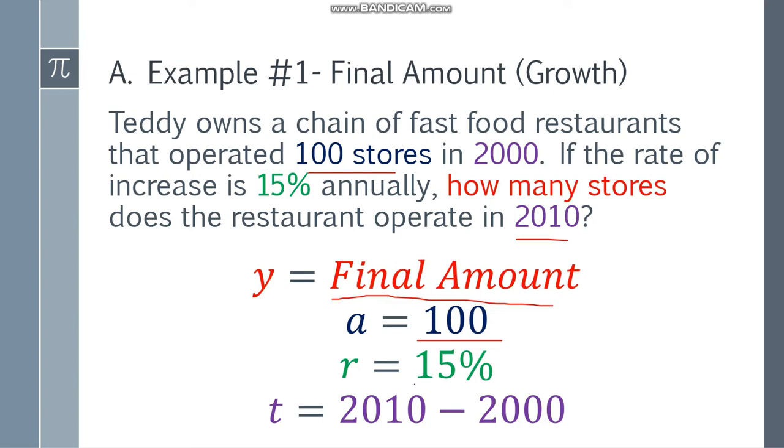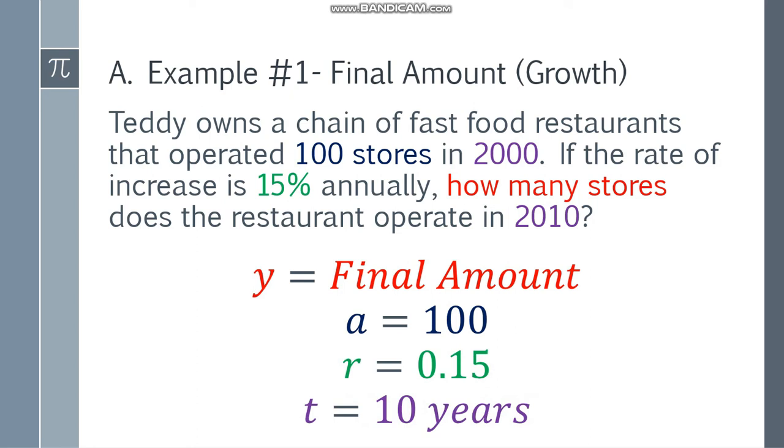R will be 15%. At ang T, paano mo nalaman yung T? Minus mo lang yung dalawang years, 2010 minus 2000. Ngayon, i-change mo muna yung 15% to decimal. That will be 0.15. 2010 minus 2000, that will be 10 years.